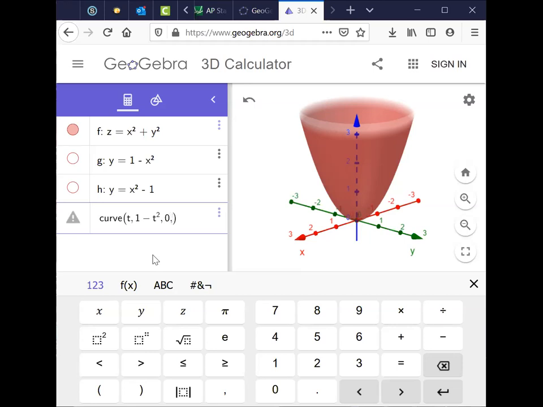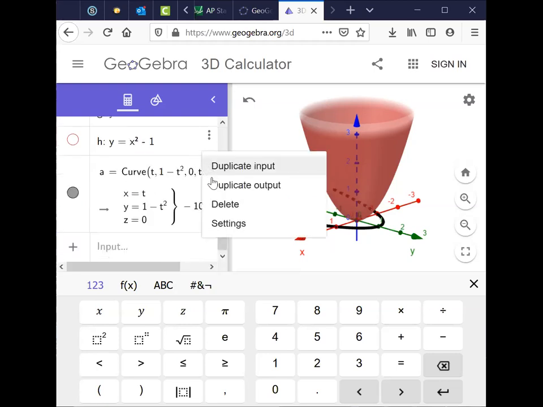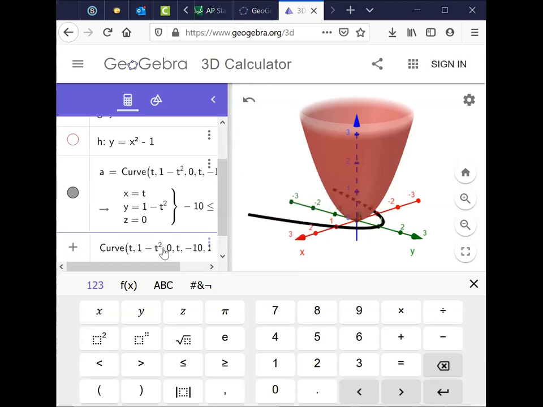Right, comma t comma 0. I'll say -10 to 10. All right, so you get that, and then I'll clean that up in a second. But then you could do the same thing, and I'll just duplicate it, because this is just t squared minus 1, and you get the opposition here.